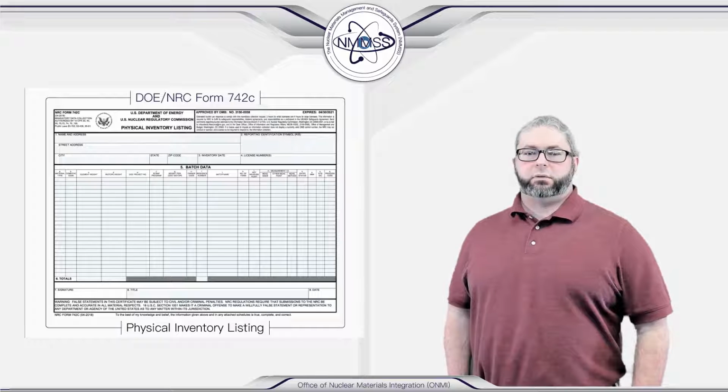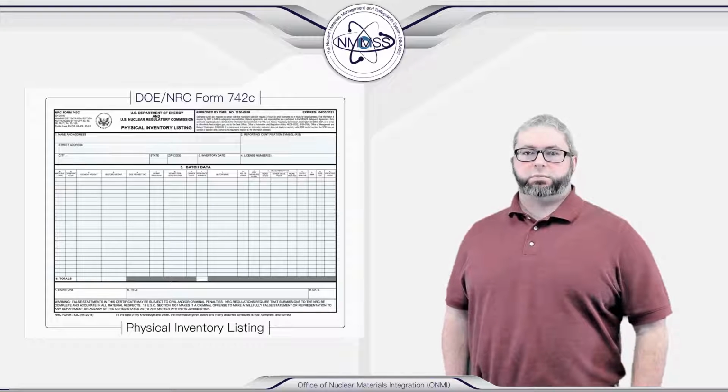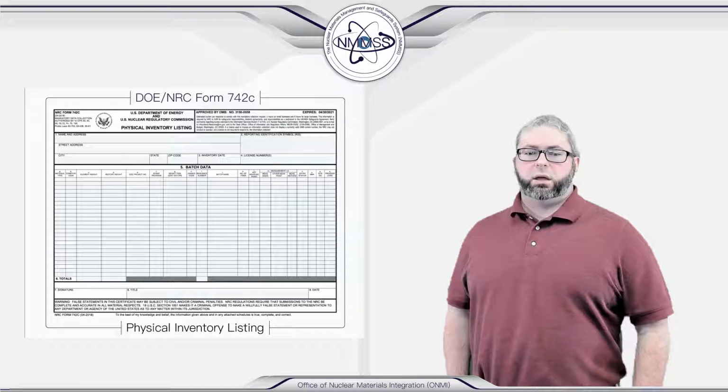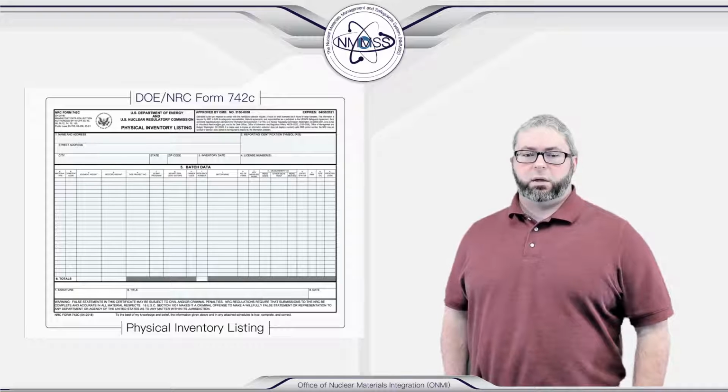The date of the physical inventory must be the same as the ending date for the material balance. As mentioned earlier, per DOE and NRC reconciliations, facilities with reportable quantities of nuclear material in their possession must report an inventory to NMMS on an annual basis at a minimum.